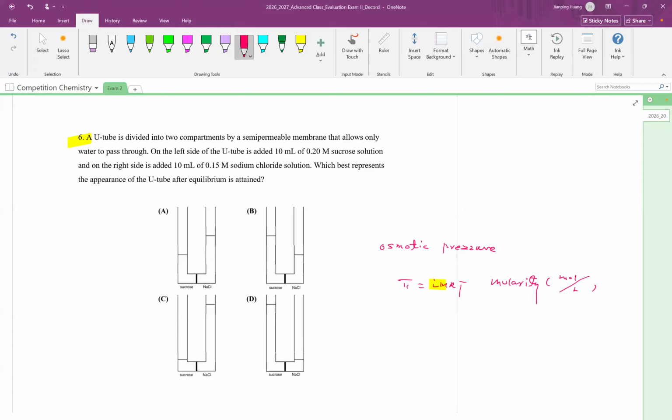Now, if i equals 1, which means non-electrolyte, i equals 1. So in this case, do we have it? Let's look at it. Oh, here. Sugar is a non-electrolyte.